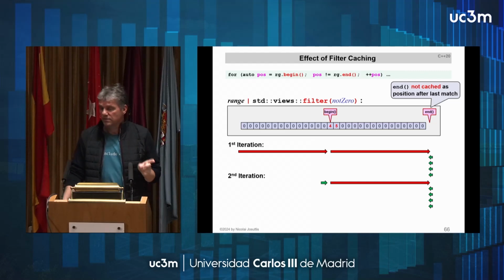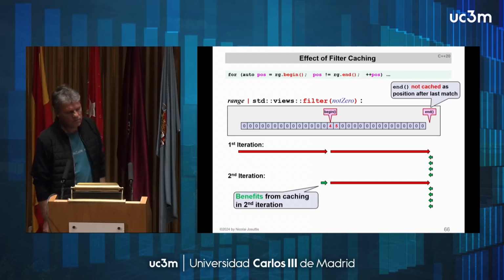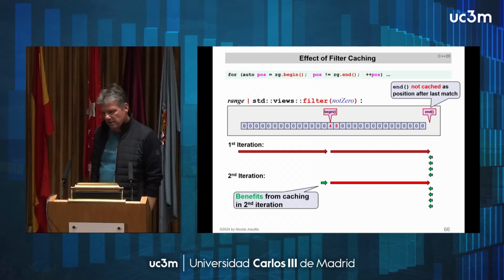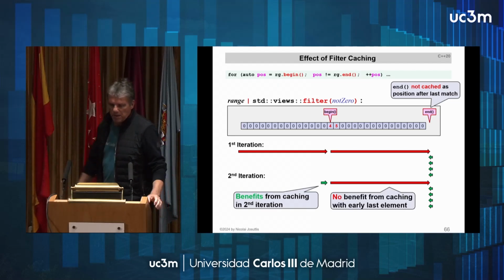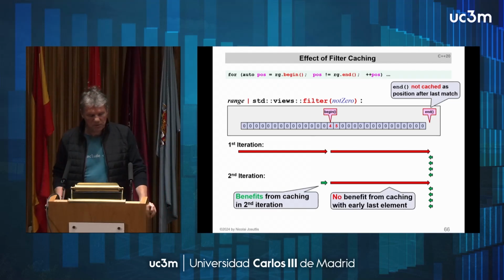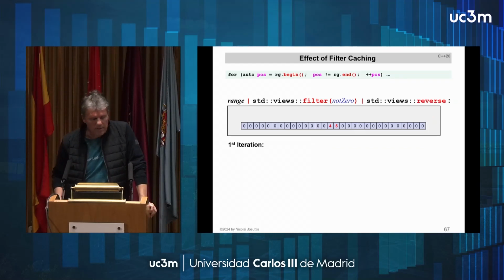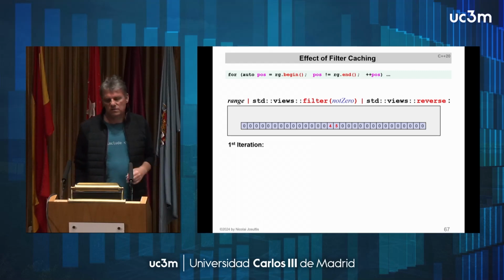So we did not cache end. We have benefits from caching in the second iteration for begin, but no benefit from caching with an early last element. And this is always when we have two iterations or more.